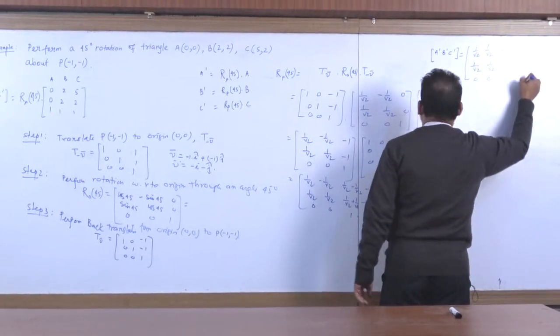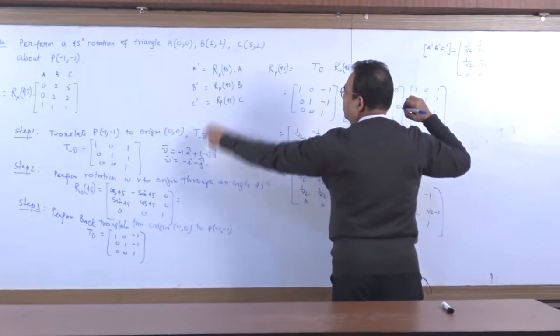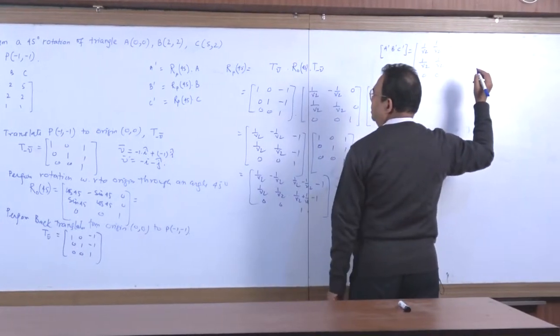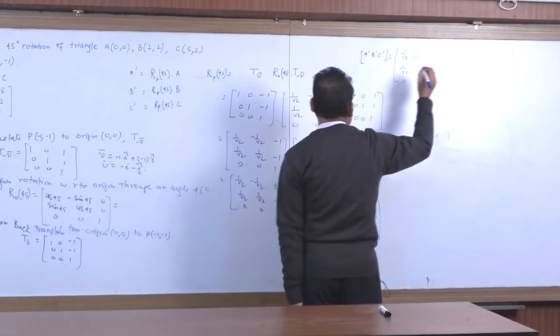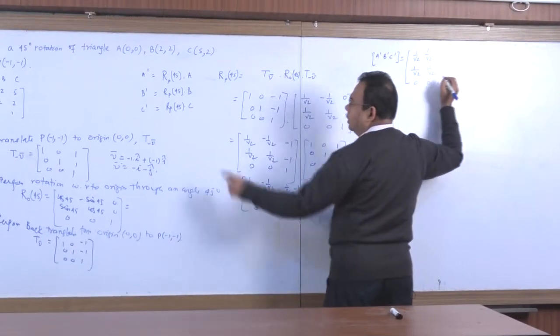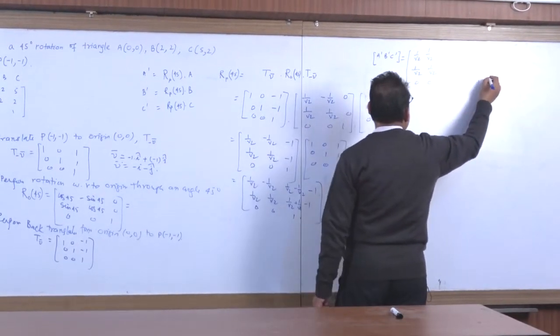So, this is operated on this object point, that is ABC, that is 0 2 5, and then 0 2 2, and then 1 1 1.